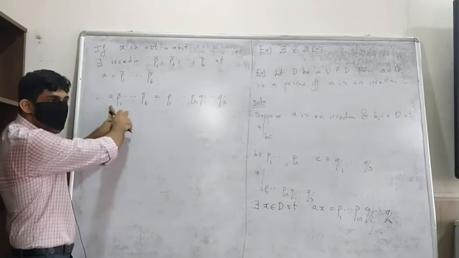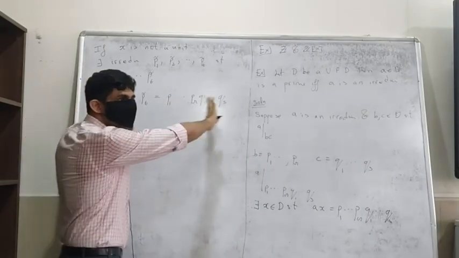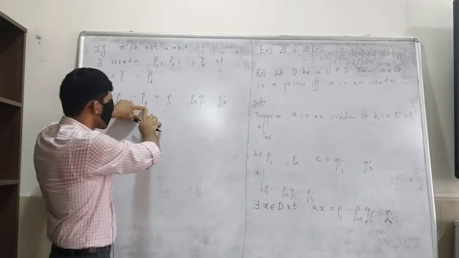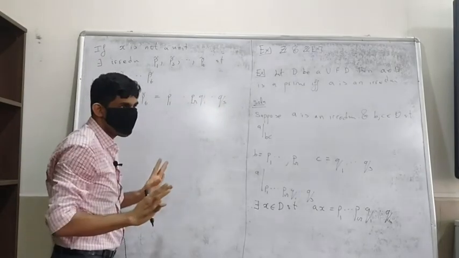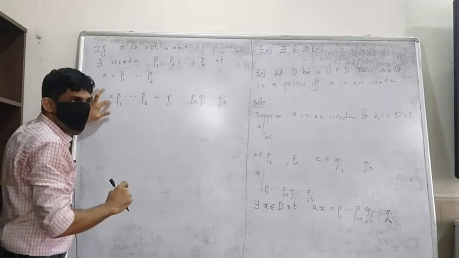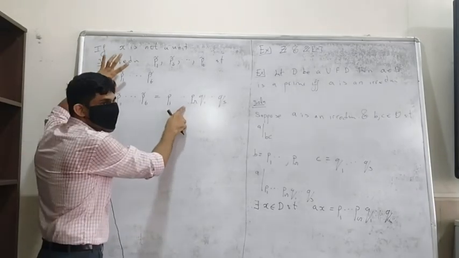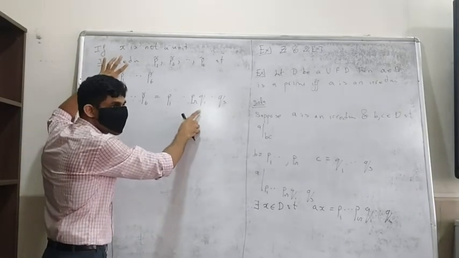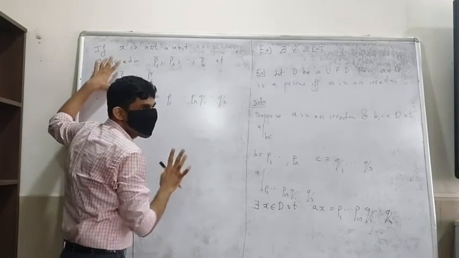Now we have irreducibles on this side and irreducibles on that side. Therefore, T plus 1 should be equal to R plus 1. That's irrelevant to us. But what is relevant is that A should either be an associate of one of these Pi's or an associate of one of the Qj's.